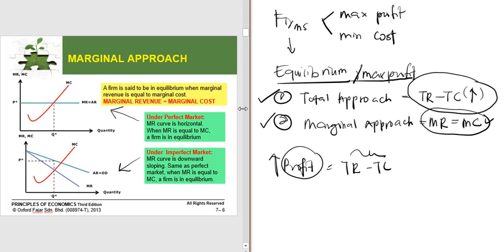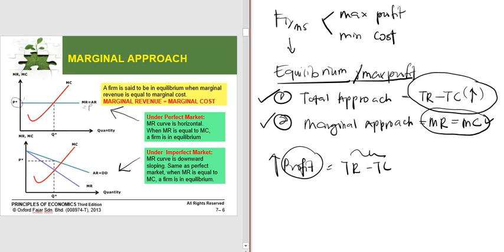This is from the previous topic, the last part on revenue. For perfect market, the marginal revenue is equal to average revenue, which is basically equal to the price. If the price is 5 ringgit, the marginal revenue will be 5 ringgit, and average revenue will also be 5 ringgit.